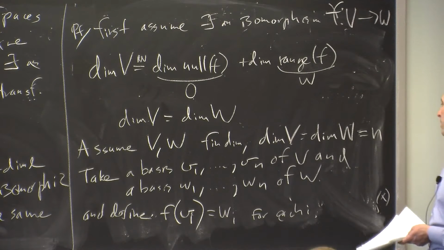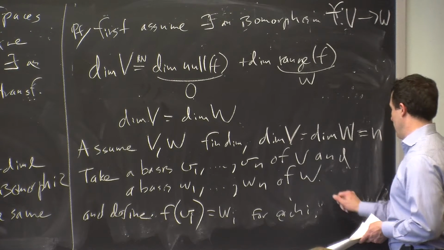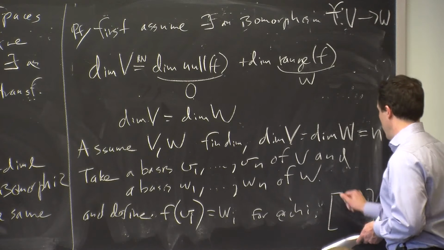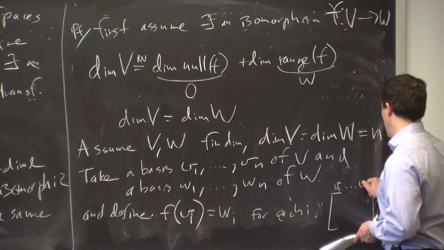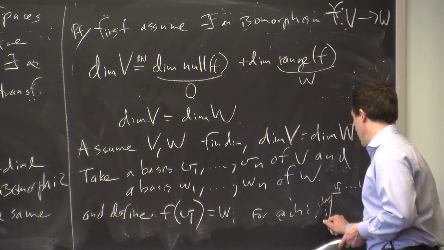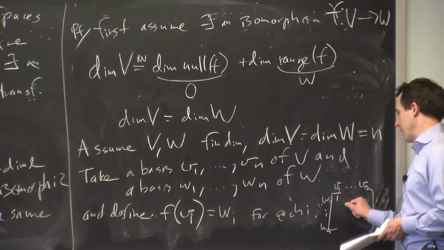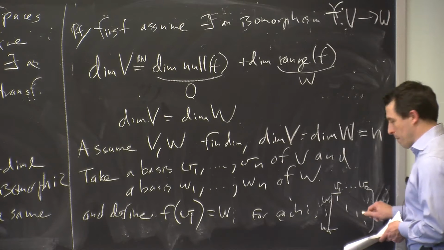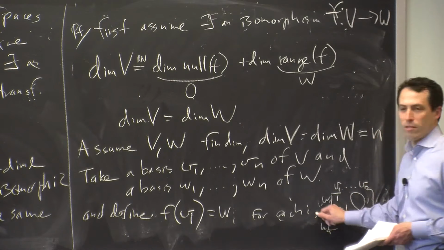What would its matrix be? V1 up to Vn and W1 up to Wn. Its matrix is just going to be the identity matrix, all ones along the diagonal and zeros everywhere else.